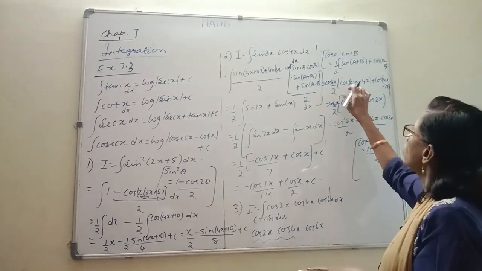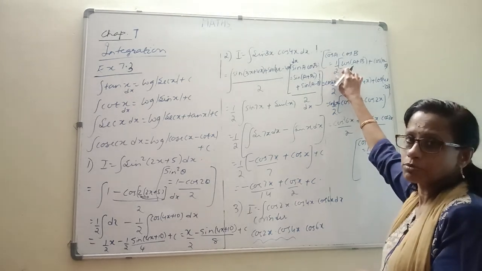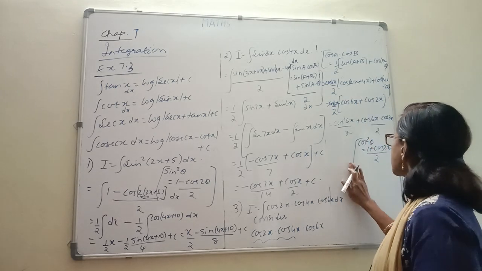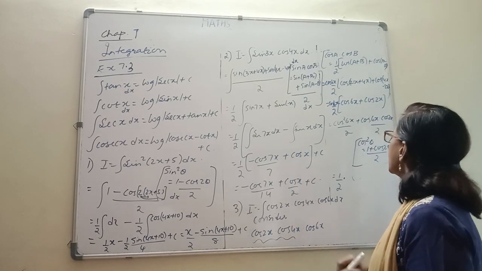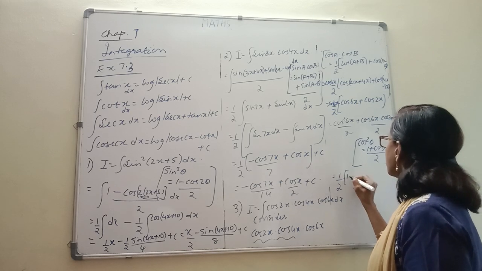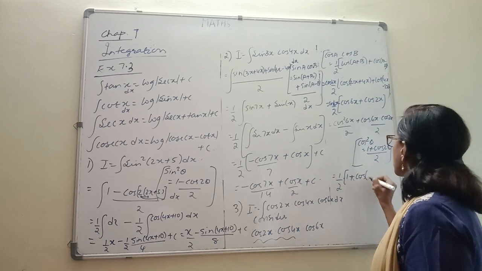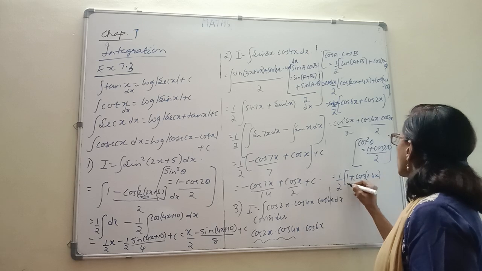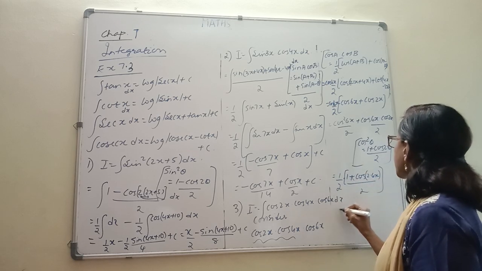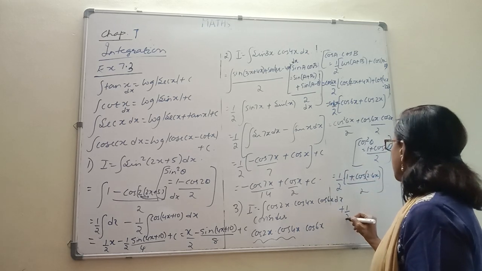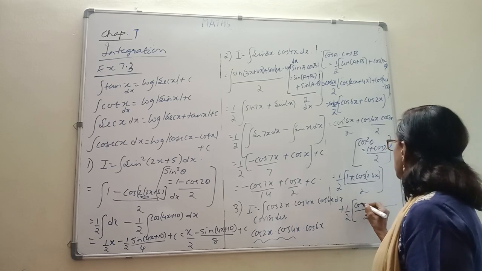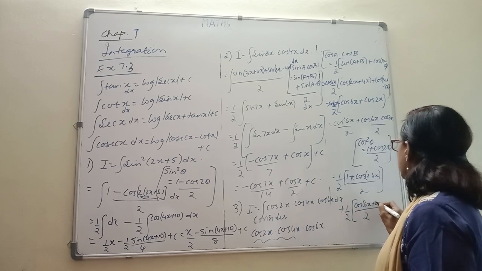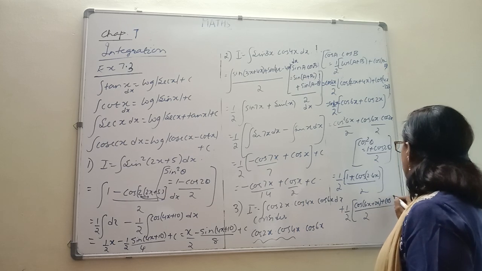For the product, you already know the formula for cos A times cos B. So for the first part, half is already there, and applying the formula it is 1 plus cos 2 times 6x over 2. Second part, half is already there, and again half will come because of the formula: cos(6x plus 2x) plus cos(6x minus 2x).